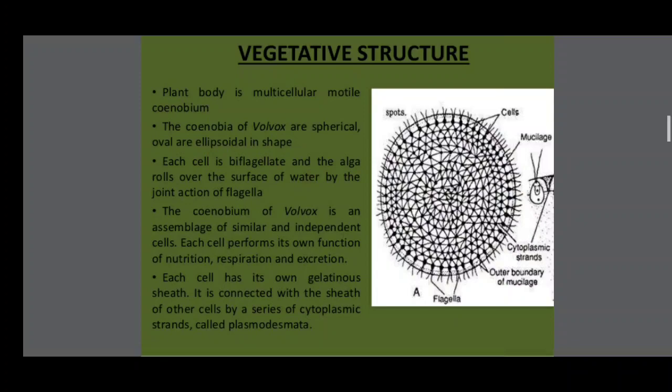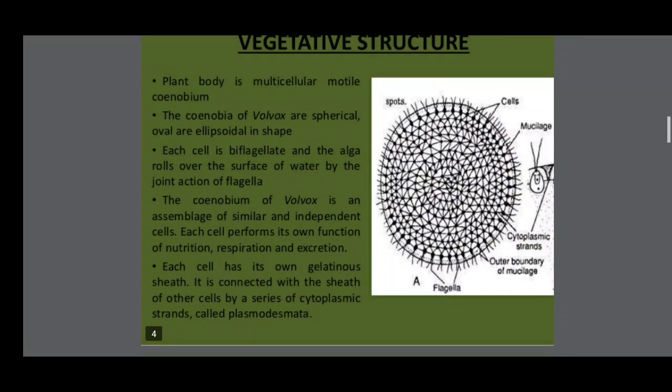Every cell is surrounded with a gelatinous matrix sheath. These sheaths are connected with other cells by a series of cytoplasmic strands, and these cytoplasmic strands are called plasmodesmata. This is the vegetative structure.